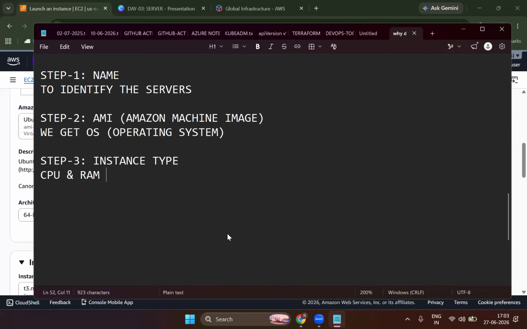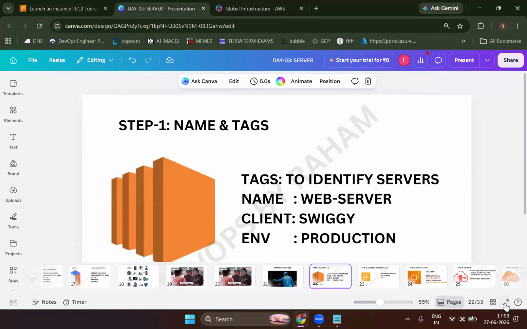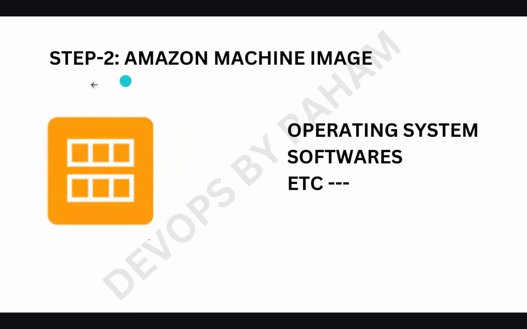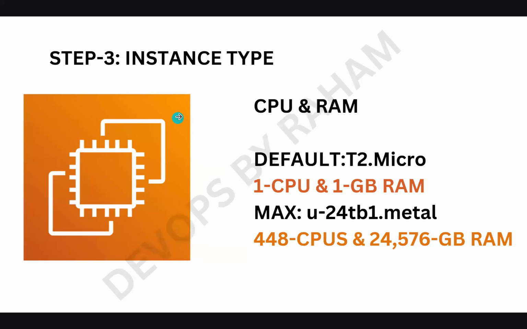Again, I'm repeating. If you want to create a server, there are totally 7 steps. What is step number 1? Giving the names and tags. Why do we need to give them? To identify them. What is step number 2? Amazon Machine Image. Correct. So inside the AMI, what are we having? Operating system. Correct. Next, what is step number 3 here? Instance type.